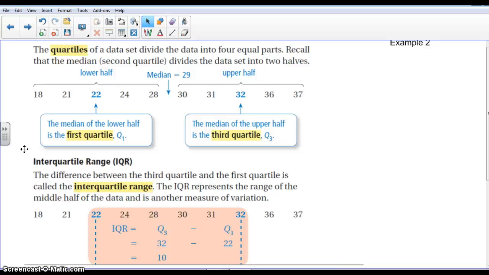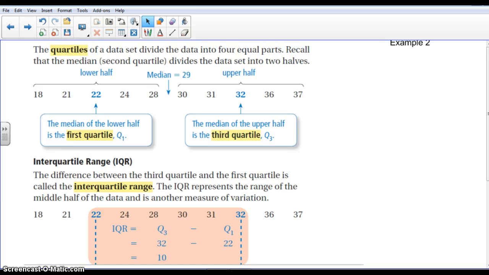To get the IQR, you take quartile 3, right there, because that's a higher number, minus quartile 1, which is a lower number, and you will get the interquartile range, which is 10. Okay, if you would please put all this information into your notes and come back when you're done.